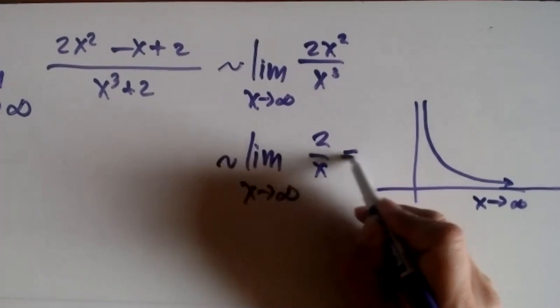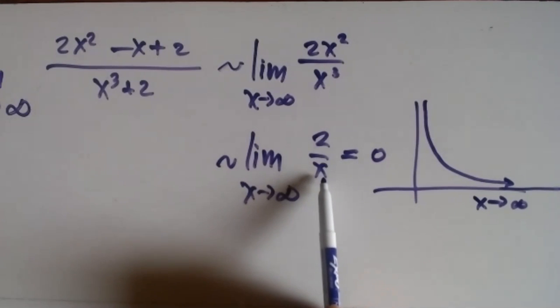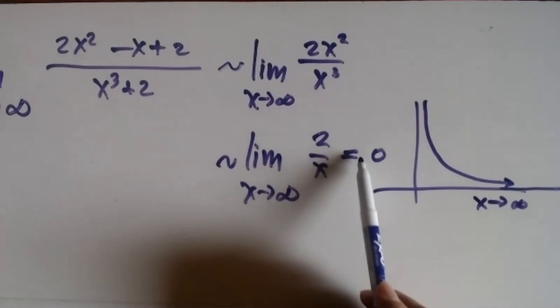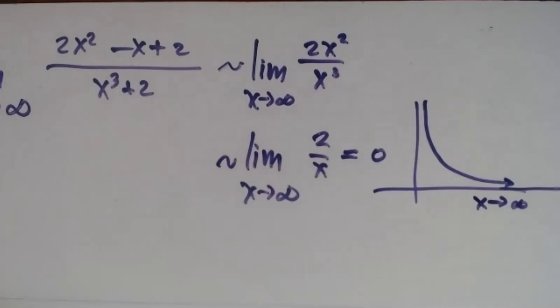At the end, this is going to be 0. Okay? You see that? So 2 over x, when the x is very big, 2 divided by a very big number is practically 0. What do you get when you divide this by the greatest number you can imagine? It's 0. So that's the behavior. So remember these limits before?